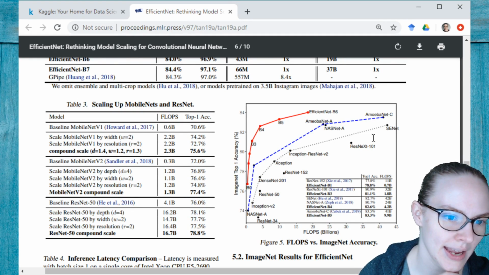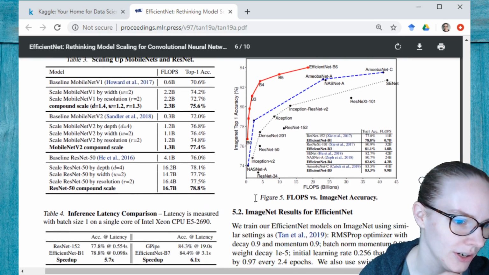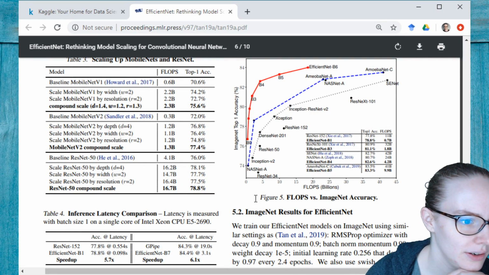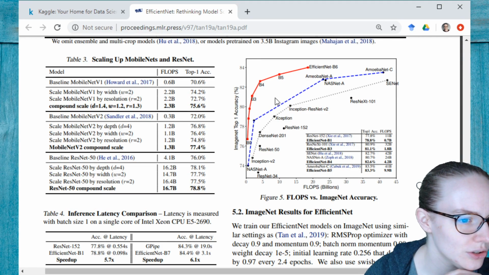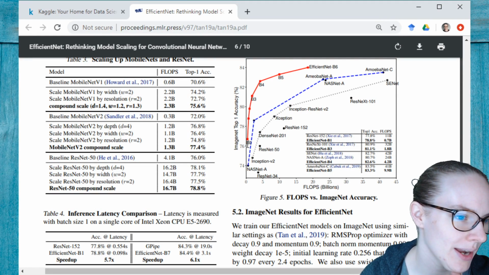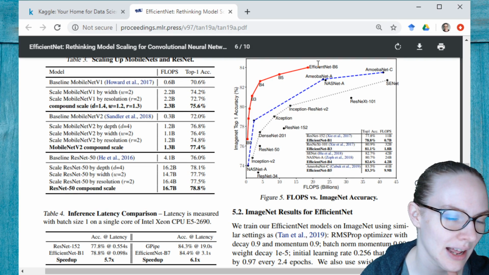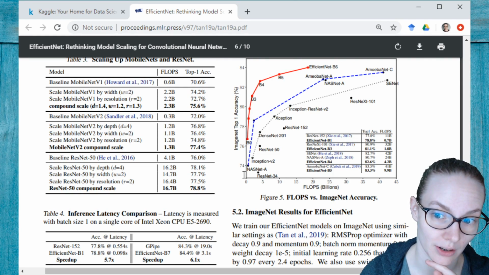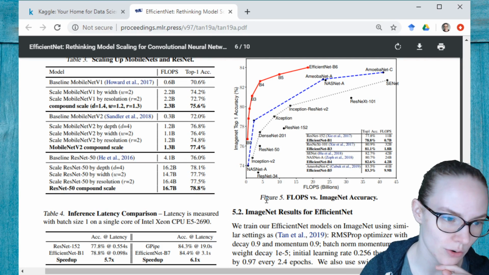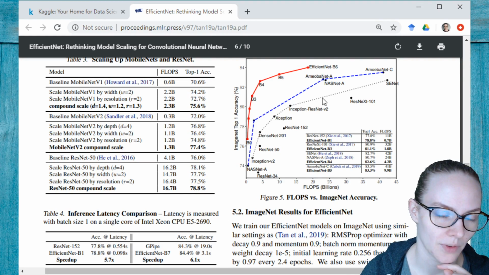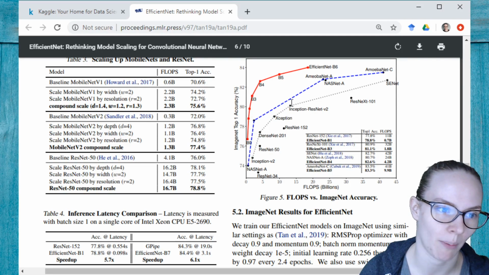The gray dotted lines are... I don't know what the differences between these two are, but the point is that this red solid line, which is the different ImageNet models, gives you greater accuracy for fewer operations, even as you increase the number of operations.